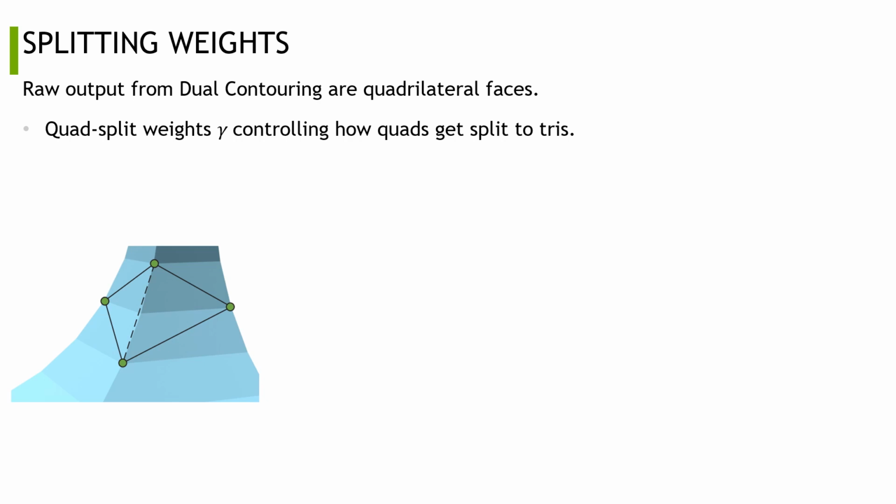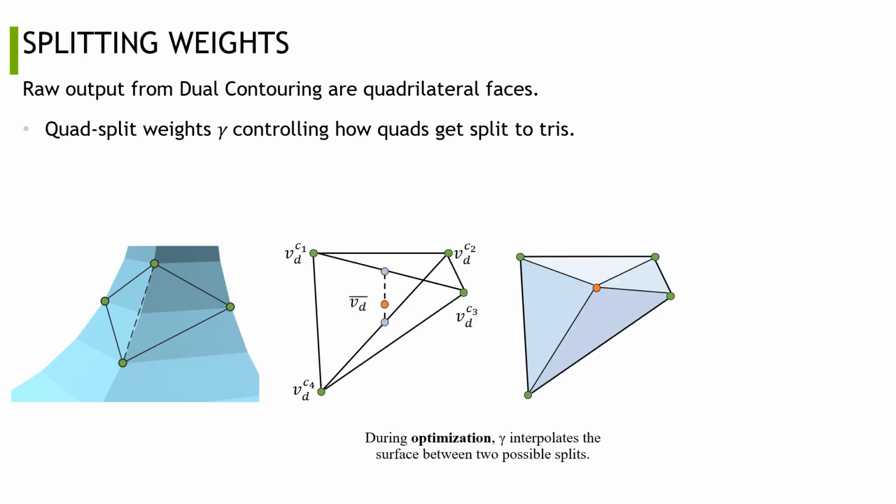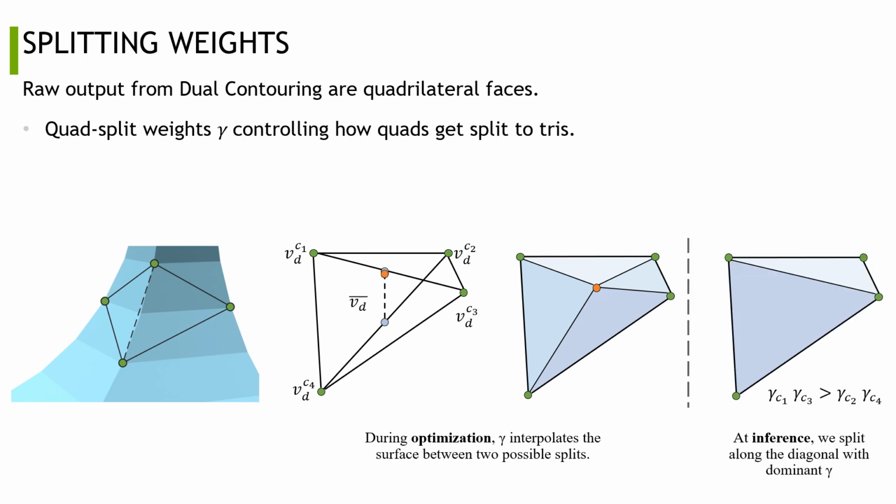We therefore introduce another parameter gamma to make the choice of split also flexible and can be optimized as a continuous degree of freedom. Specifically, during optimization, gamma interpolates the surface between two possible splits and it converges to the one that minimizes the objective function. Thus at inference, we can simply split along the diagonal with dominant gamma.